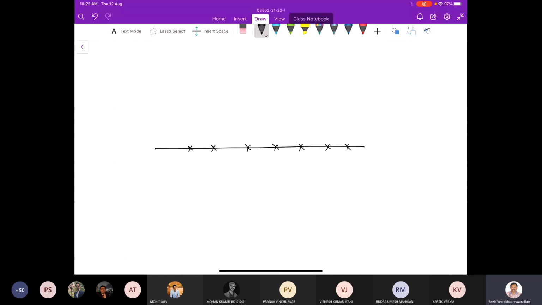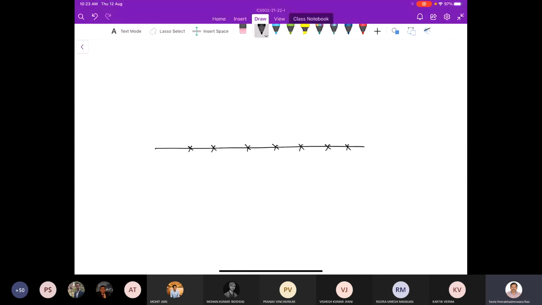Normal sorting, we have to put them in left to right order. Here we have n numbers given, so we have to sort them in non-decreasing order. So these n numbers can be viewed as one-dimensional points on an x-axis.